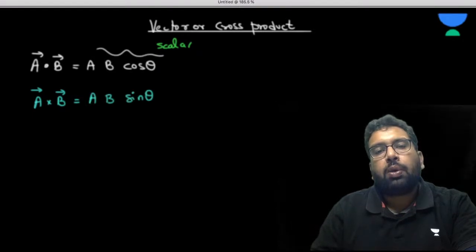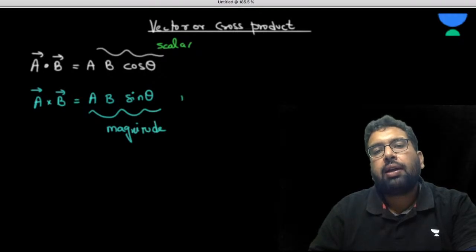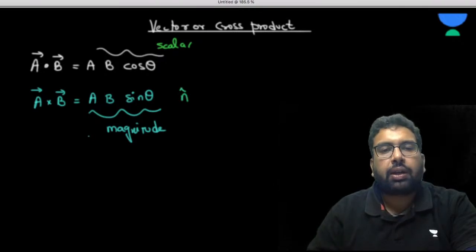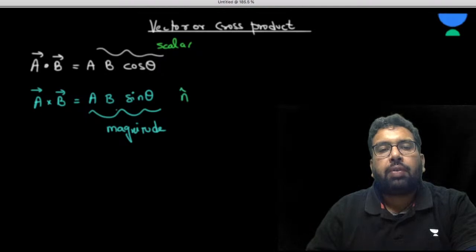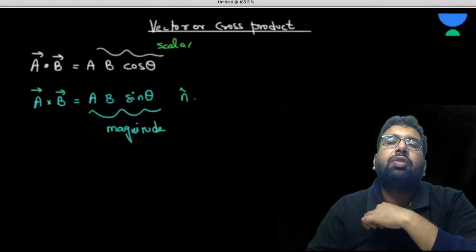And I told you this is the magnitude of this vector. We also understood that it needs a direction, because the cross product of two vectors is also a vector. To explain any vector, we need to have the direction of that vector as well.